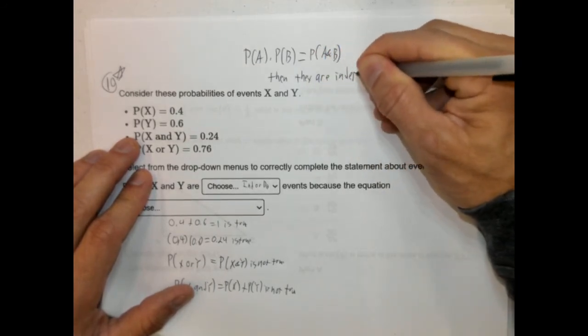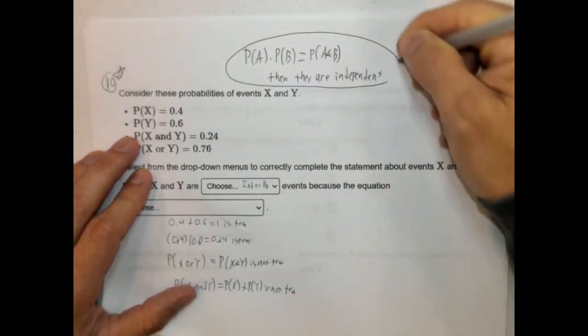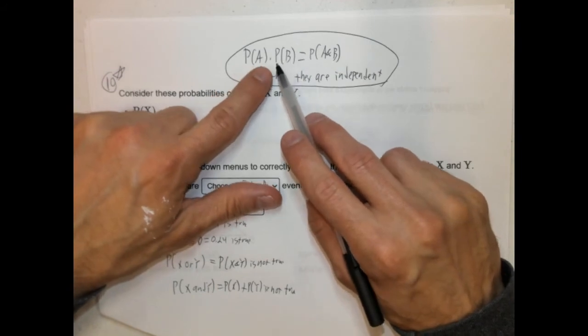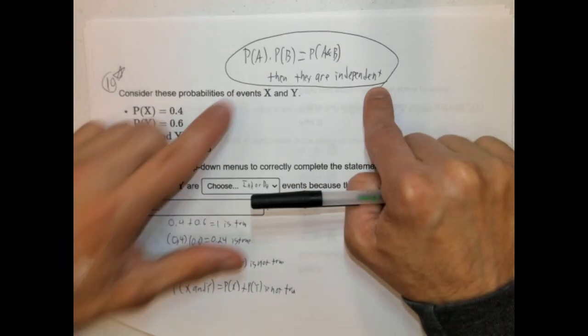It's that simple. If the probability of one times the probability of the other equals the probability of them both happening at the same time, then they are independent.